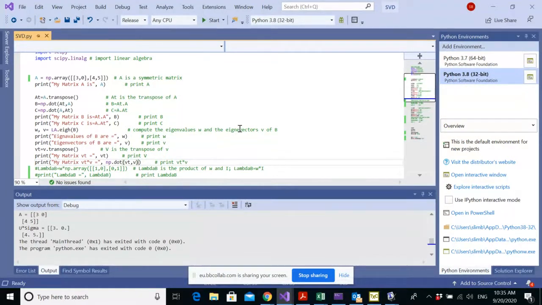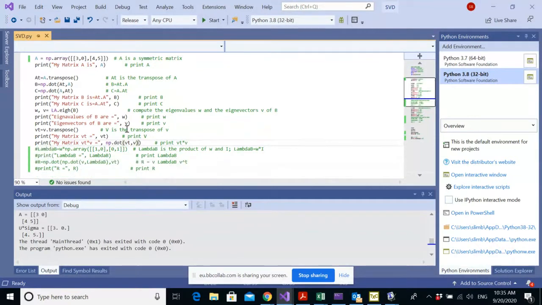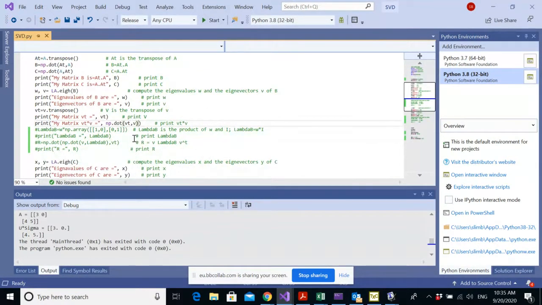No. I'm verifying orthogonality of the eigenvectors, so I'm multiplying VT by V, and it's supposed to give me, as you said, the identity matrix. And NumPy does this automatically. It gives you, which we couldn't have by hand, the unit length. So it gives you orthonormal eigenvectors. Okay. So I'm verifying the same thing.